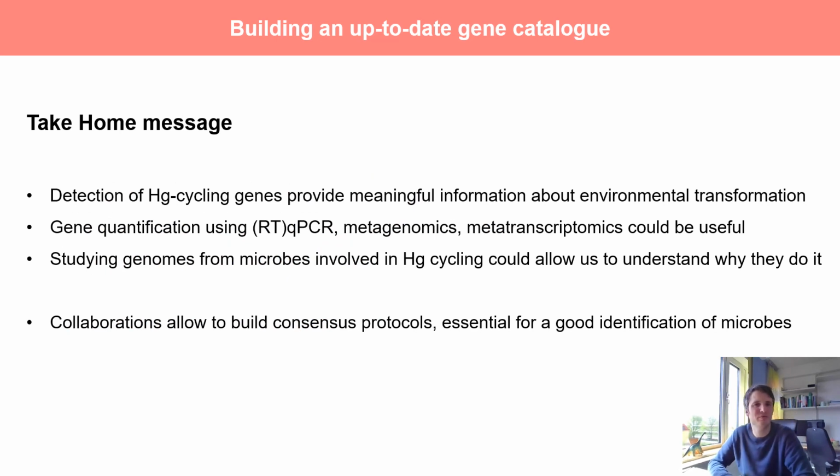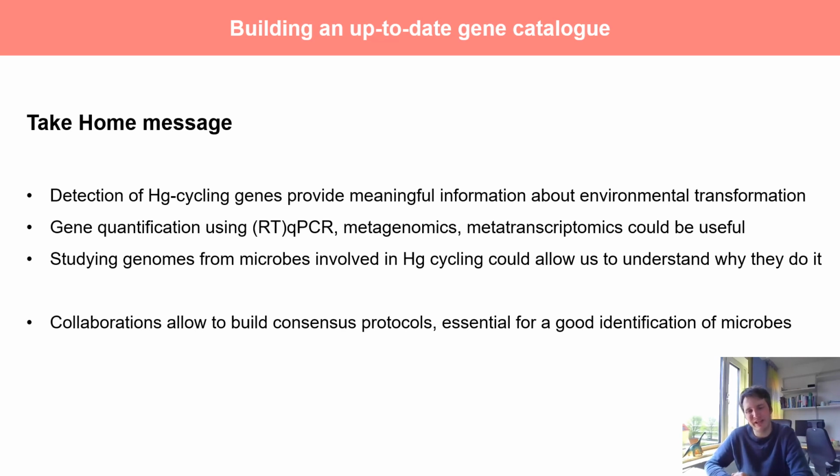I just wrote a few take-home messages. The first one is that the detection of Hg cycling genes provides meaningful information about environmental transformation of mercury in the ecosystem. This is what we showed in the recent papers over the last 10 years. We need more mechanistic studies, but it will come in time, I'm sure about that.